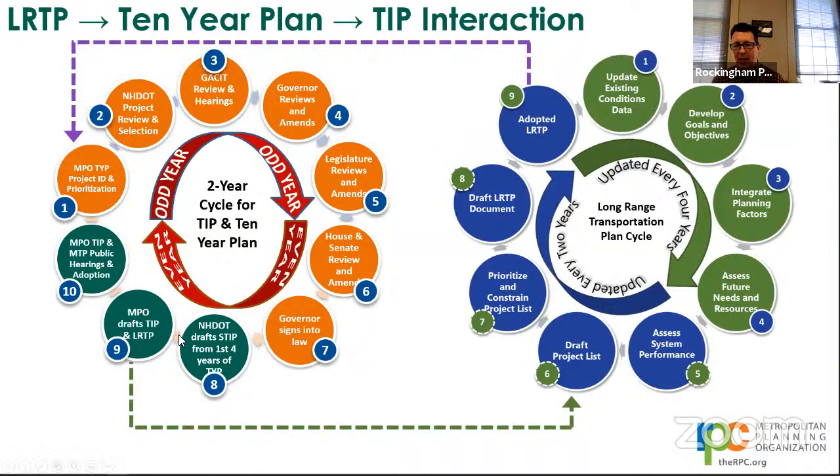And then on the other end of the cycle, once the 10-year plan has come together and we're drafting the TIP document, we then take that information and it gets pulled back into the long-range plan to ensure that the projects are listed consistently between the 3 documents. So if you look at the TIP, you're going to see the same information on a project as you would see in the 10-year plan or the long-range plan for those same 4 years.